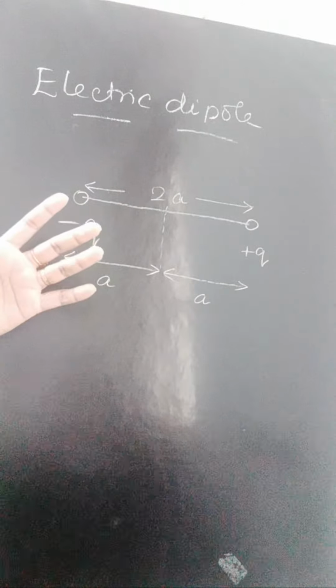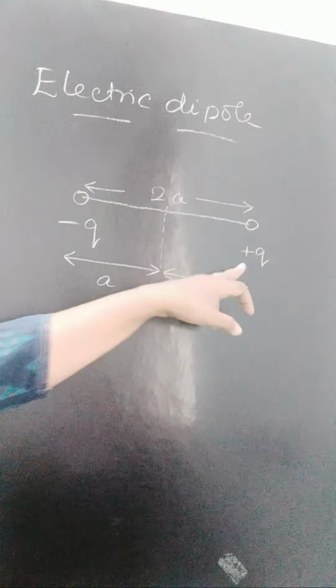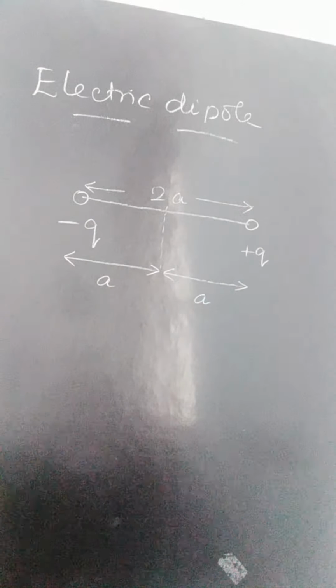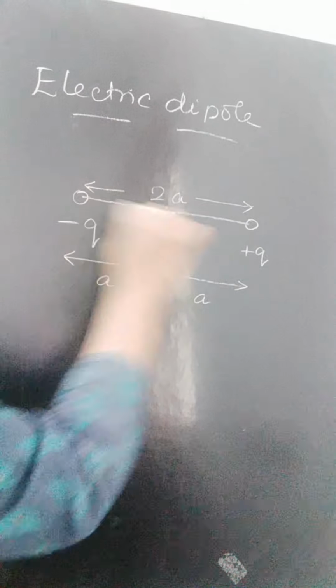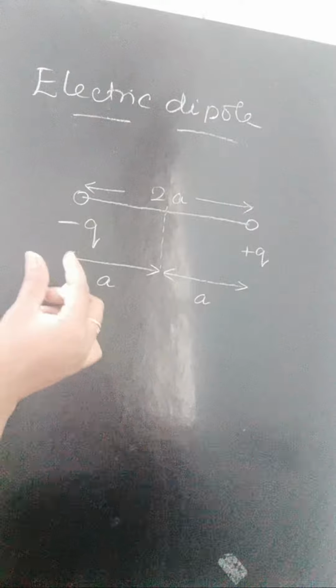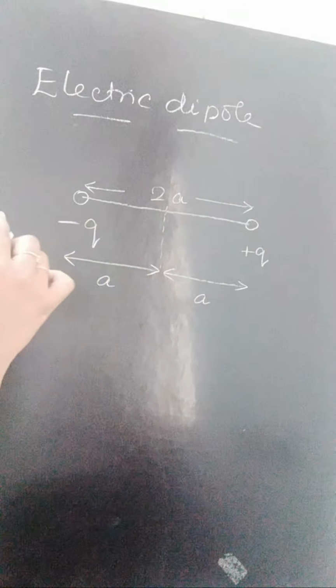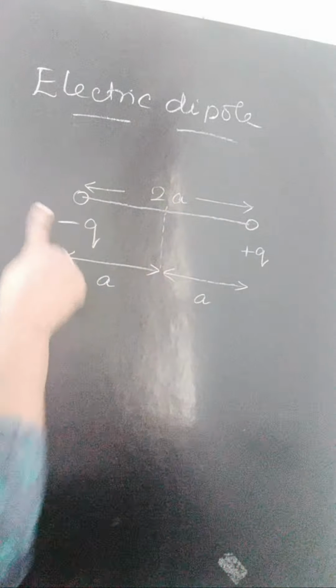Equal and opposite charges means what? Equal in magnitude, but opposite in polarity. So two equal and opposite charges separated by a small distance. 2a we are giving, but 2a is very, very small. They are separated by the distance 2a is known as a dipole.